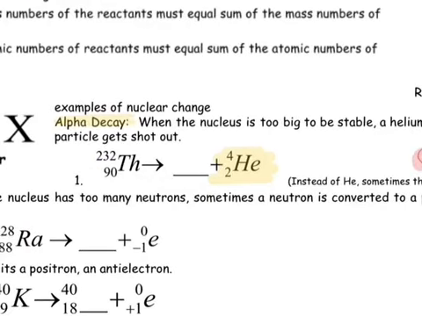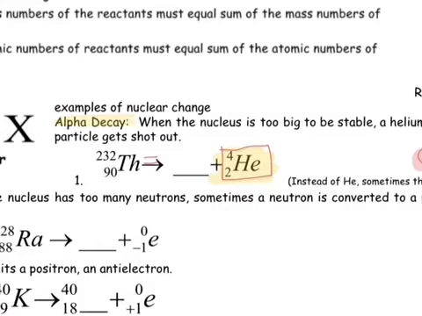Well, you need to know what we're going to be left with when that helium comes out of the nucleus. So really we want to think about this almost like a simple math equation where the arrow is the equal sign, because whatever we put into the equation has to come out.